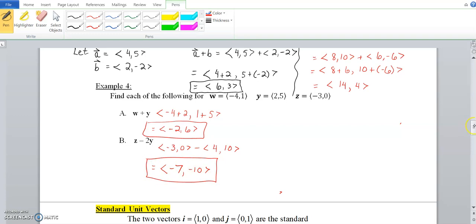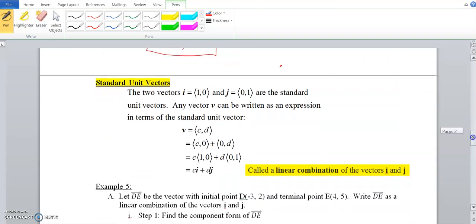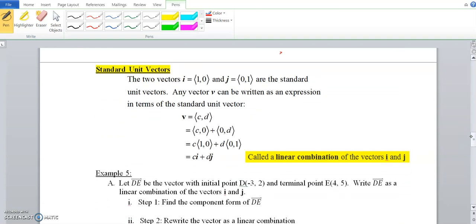The last topic of section 1 here in unit 4 is kind of going back to the unit circle in a sense. The unit circle is a circle whose radius is 1.